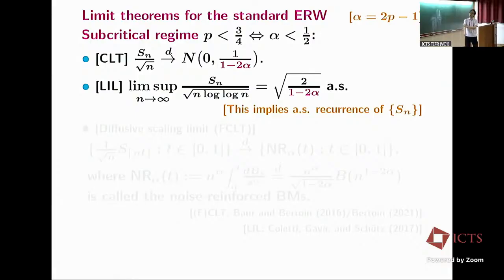But the limiting variance is larger than 1 if alpha is positive, and less than 1 if alpha is negative. And a corresponding law of the iterated logarithm is also obtained. In particular, this LIL implies almost sure recurrence of the elephant.